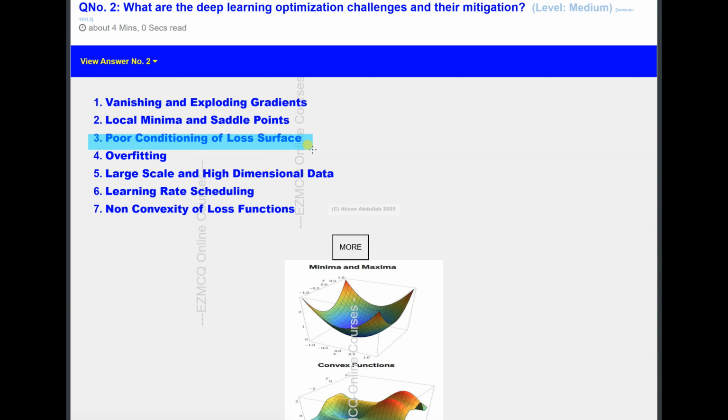This leads to inefficient updates and again slow convergence. Slow convergence means that the iterations will be more, and when the iterations are more, the processing time is consumed more, the energy is consumed more. So what we need to do is careful tuning of the optimizers and the learning rates, right? So as to efficiently navigate that surface. Okay, this surface we are talking about. So overfitting.